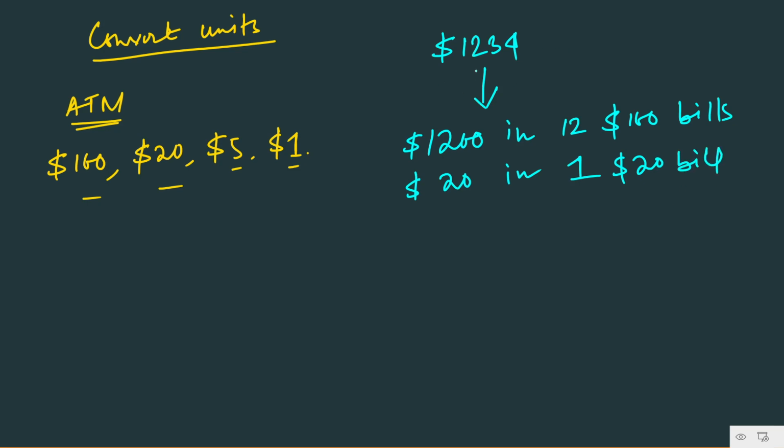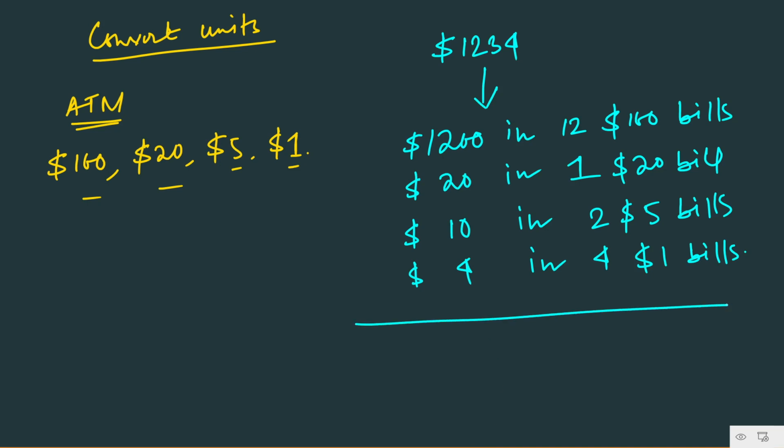So it has given you 1220, and the remaining is 14. So it will give you $10 in two $5 bills, and then the remaining $4 in four $1 bills.